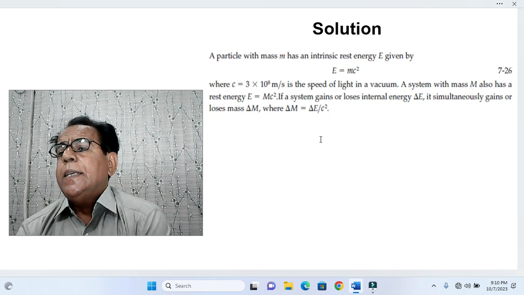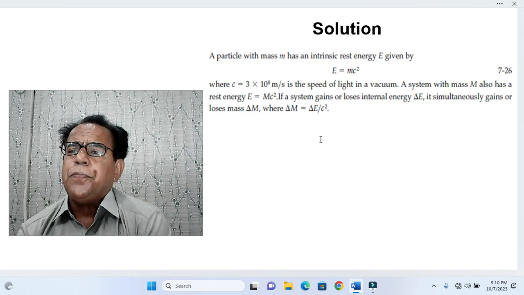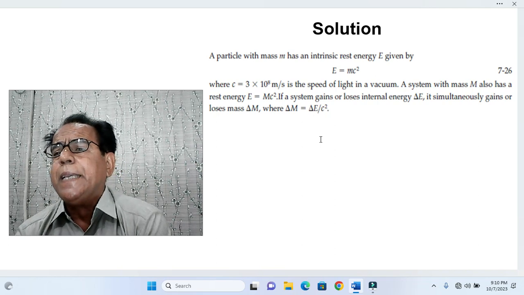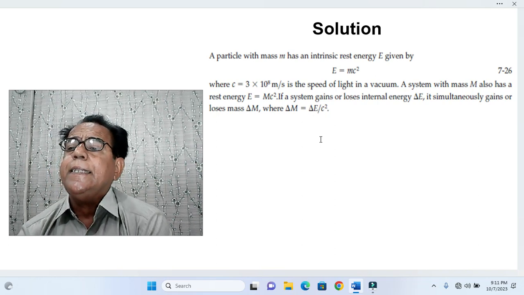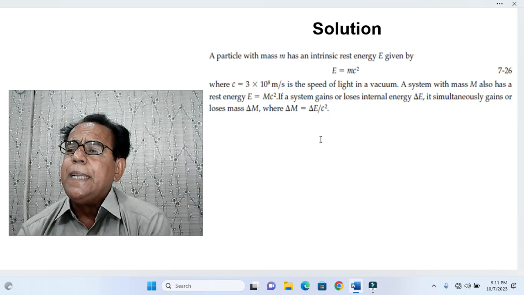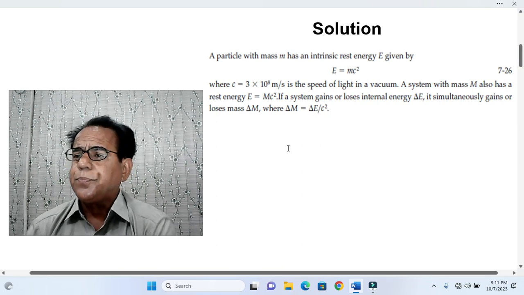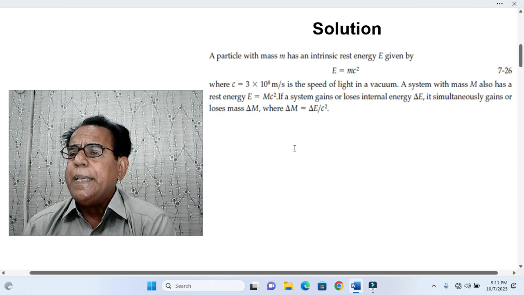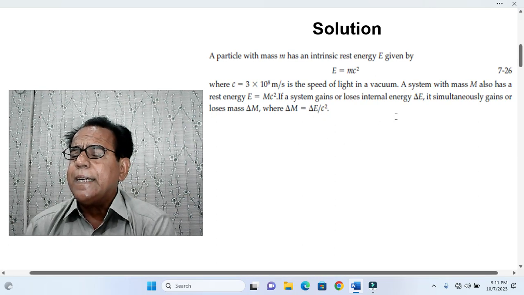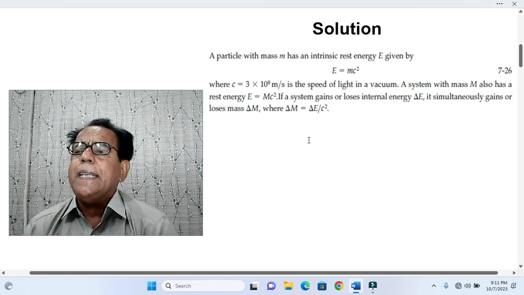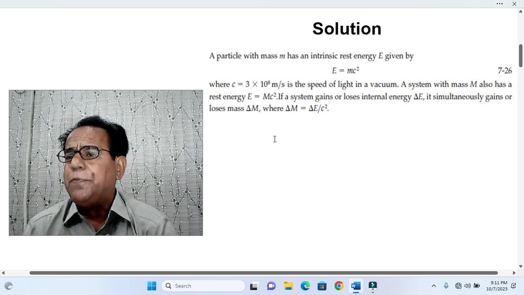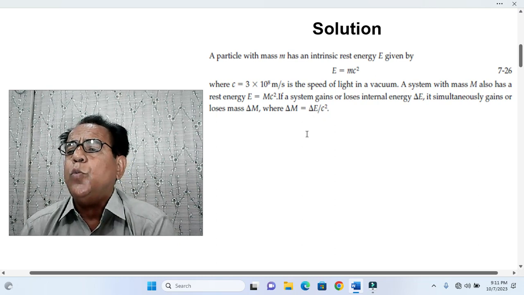Our philosophy says that if a system gains or loses internal energy delta E, it simultaneously gains or loses mass delta M, where delta M is equal to delta E over C square.